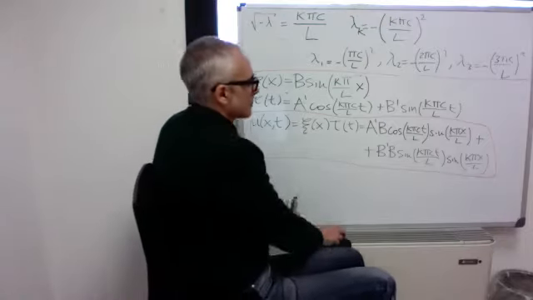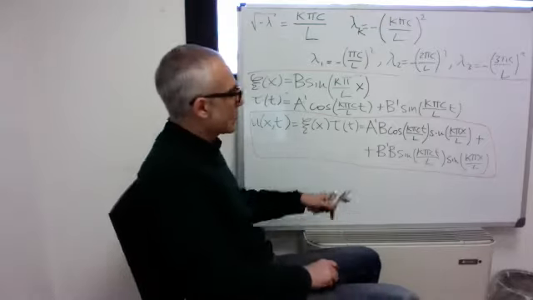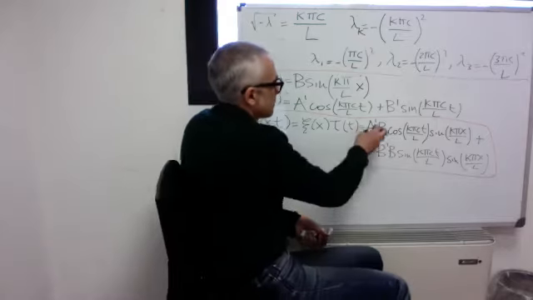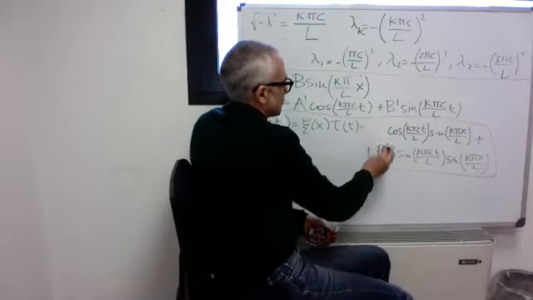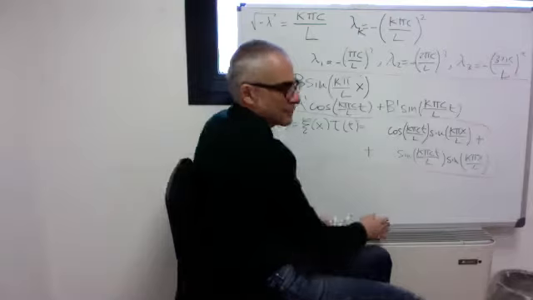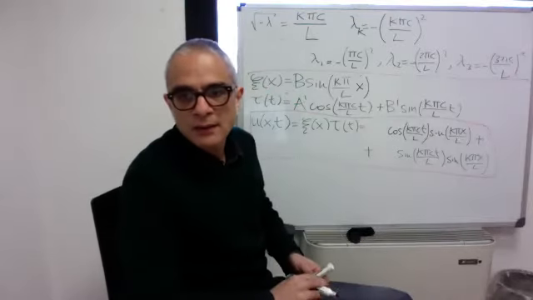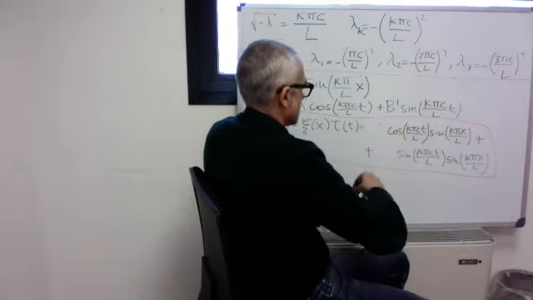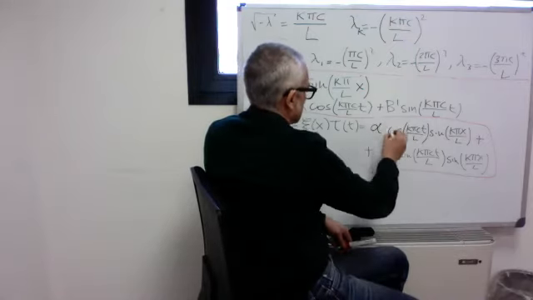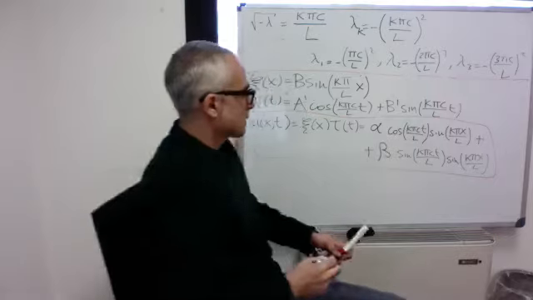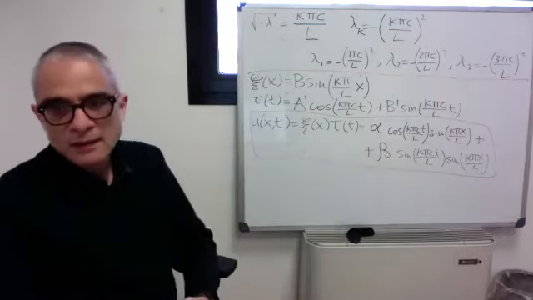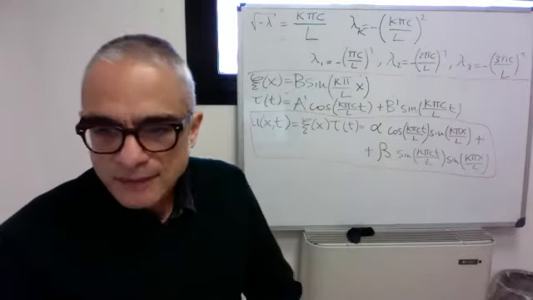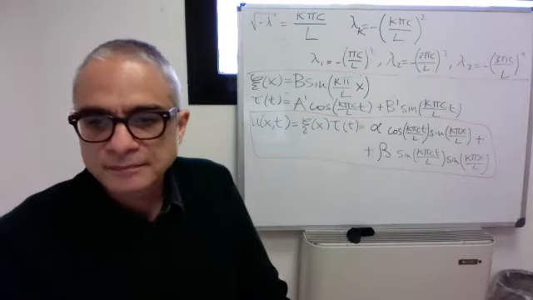It's kind of cumbersome now to carry this A prime B, B prime B. Let's just call these two products, I don't know, alpha and beta, or something like that, just to simplify things a little bit.